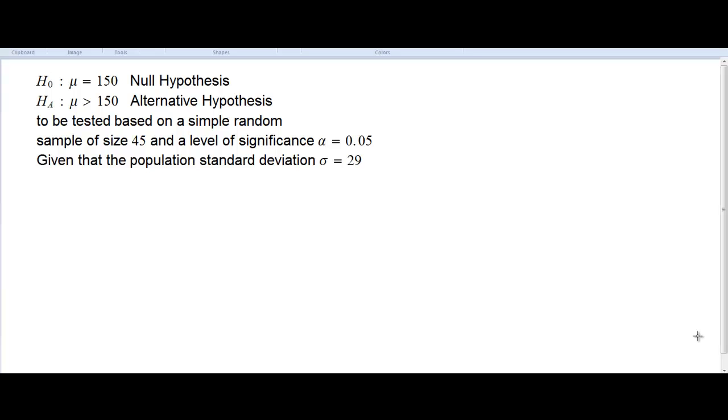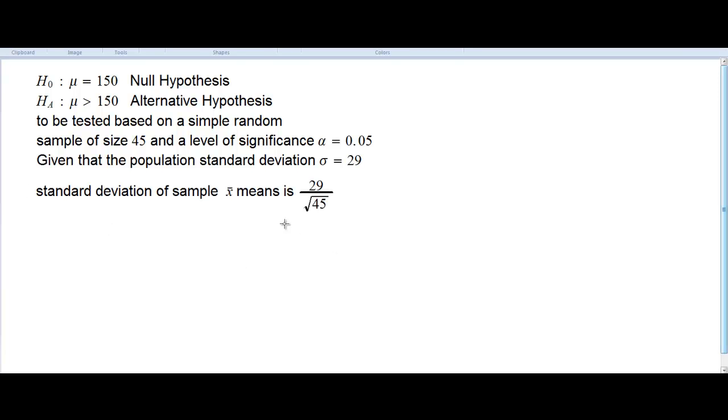So let us consider this scenario that we are testing this null hypothesis that the population mean is 150 and the alternative is that it's greater than 150, and we're going to take a simple random sample of size 45 and use a level of significance of 0.05, and we are given that the population standard deviation is 29 units.